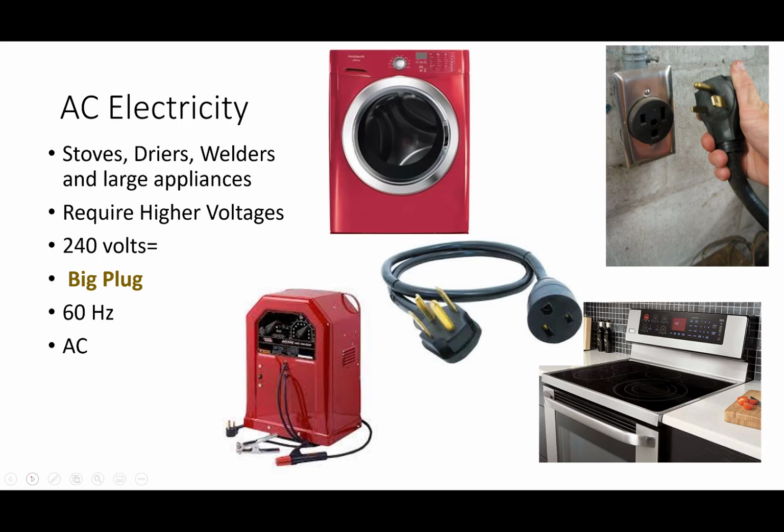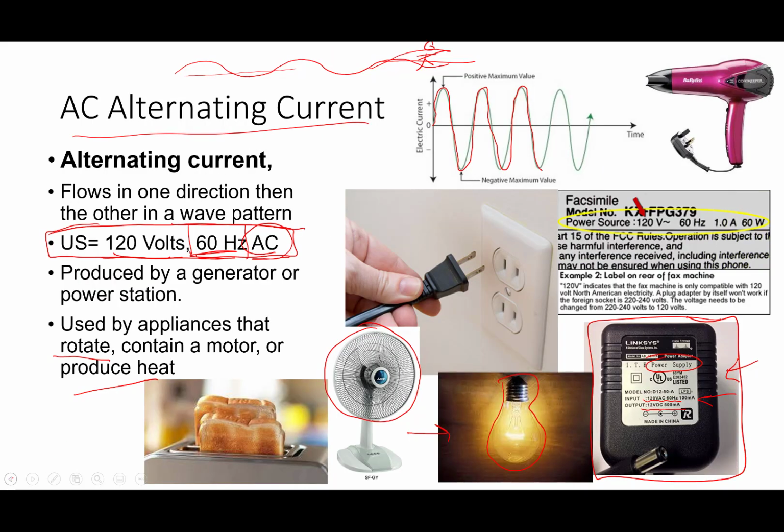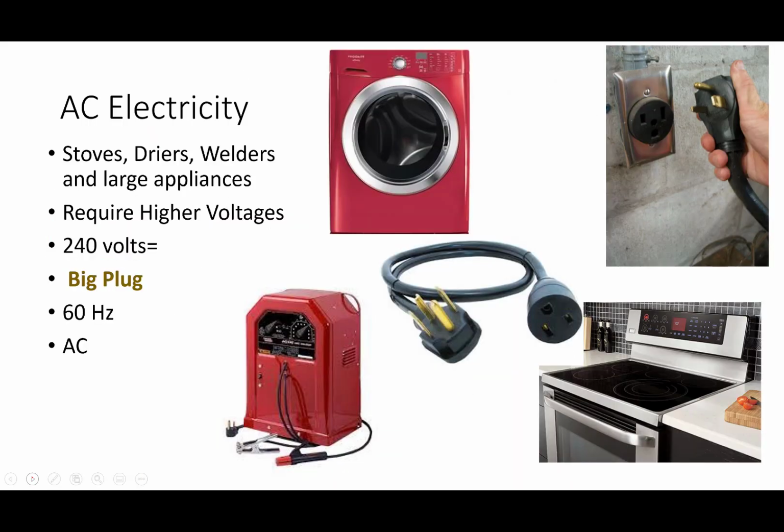Now, alternating current coming into your home, most homes have two different kinds of plugs or outlets. The one that we're more familiar with is this one. This is the kind of outlet you have all over your house. And these are those 120 volt, 60 hertz AC outlets. But a lot of people have a larger outlet, and these are for appliances that require a higher quantity of voltage.